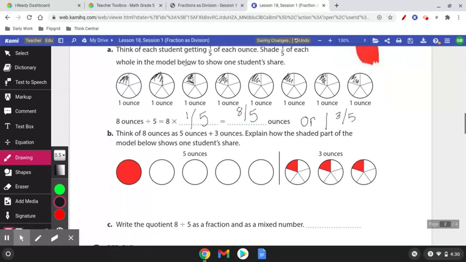If you look down here, what they did is they went ahead and made the whole that we just talked about, that 8/5 really is the same as 1 and 3/5. These 5 right here, they put that together to say that's the same as a whole.